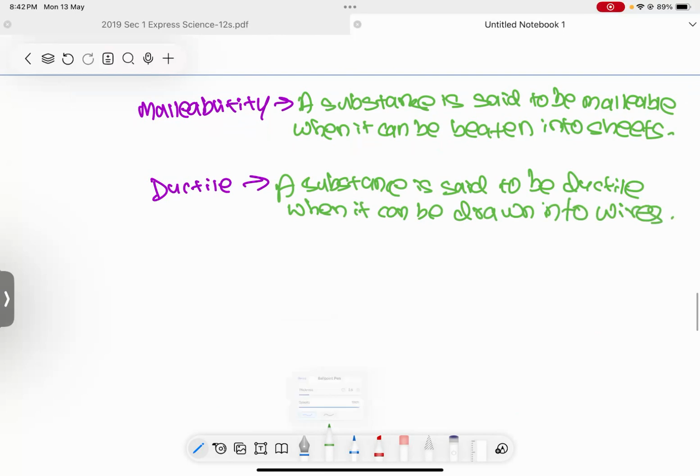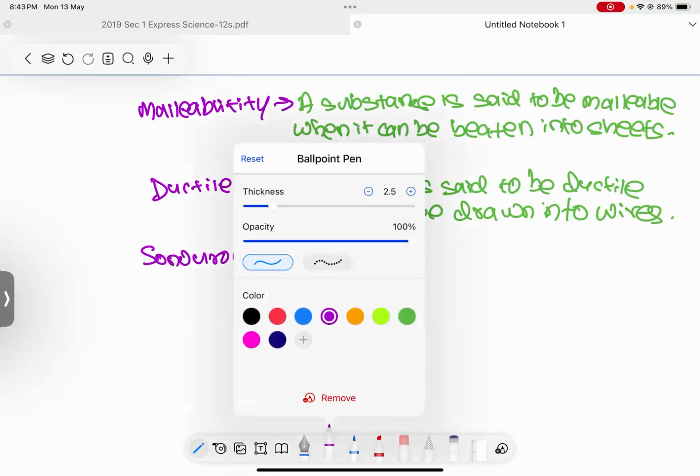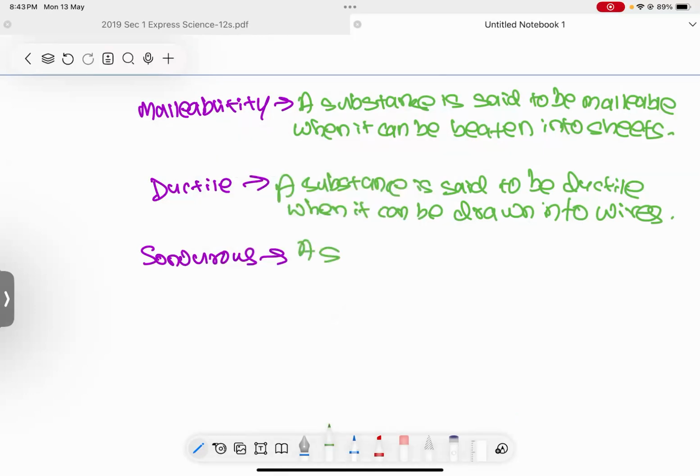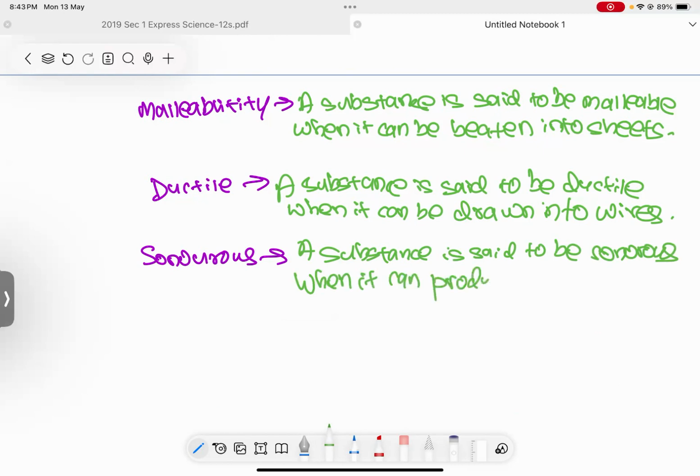And thirdly, sonorous. A substance is said to be sonorous when it can produce a ringing tone when hit.